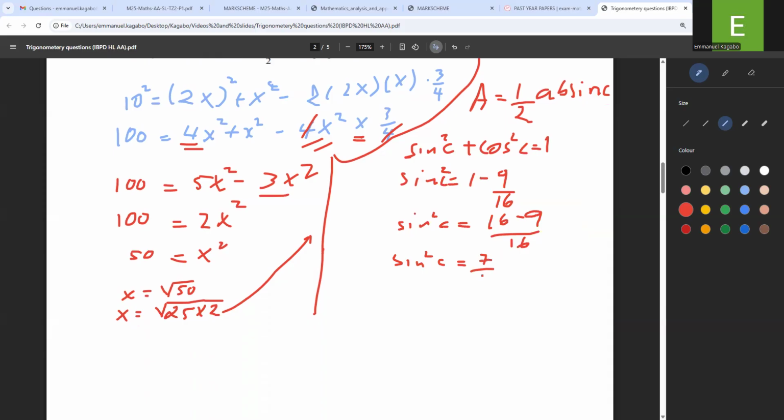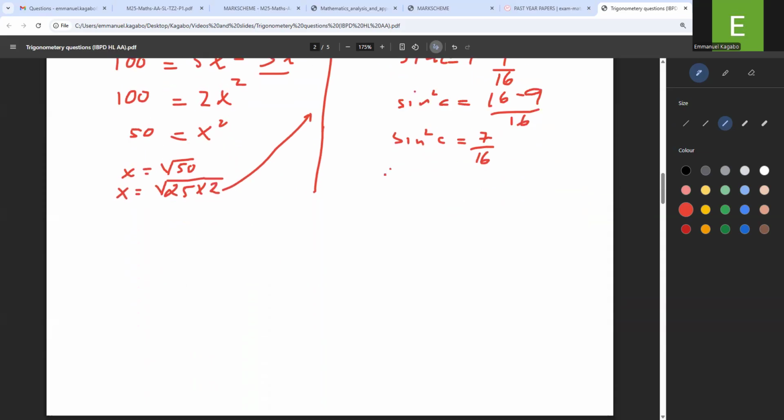Over 16. Okay, so what do we have? So sine C will be equal to the square root of that, 7 over 16.